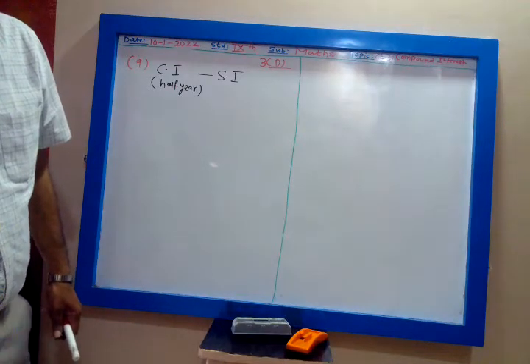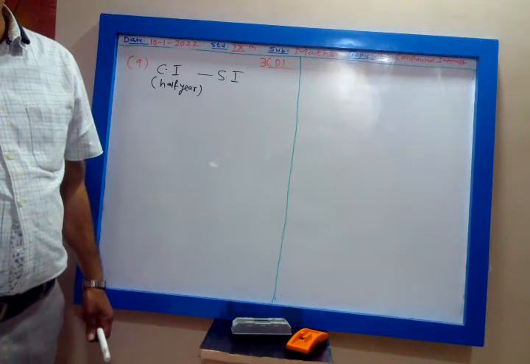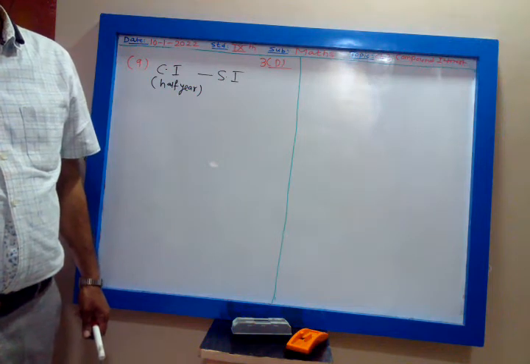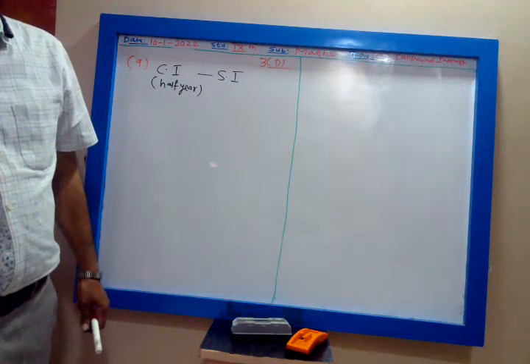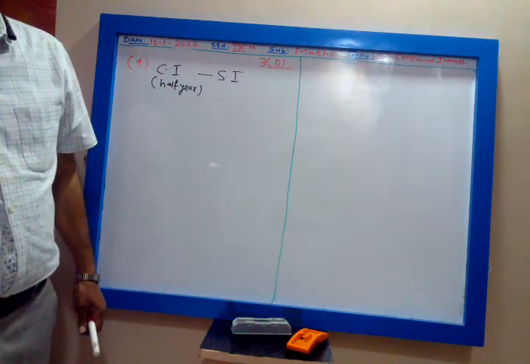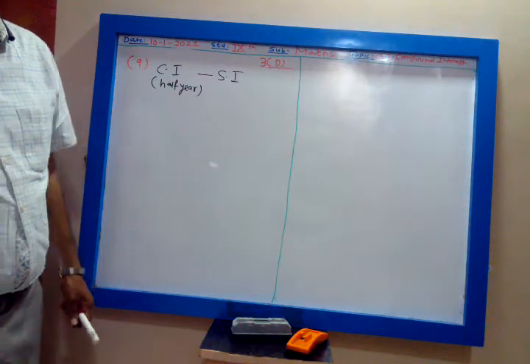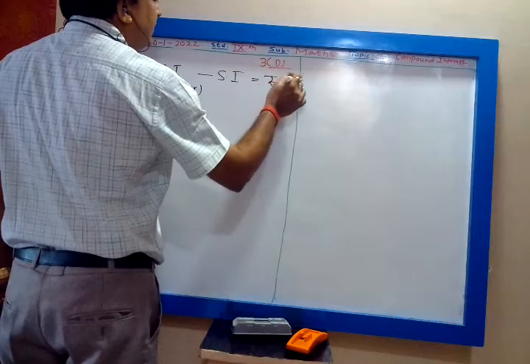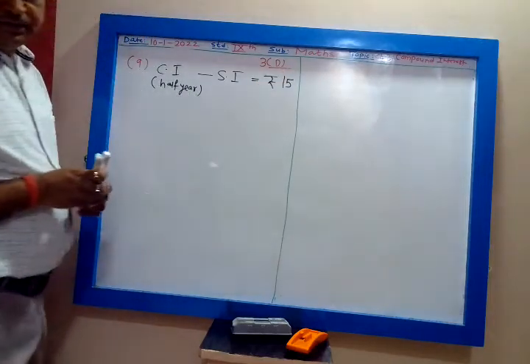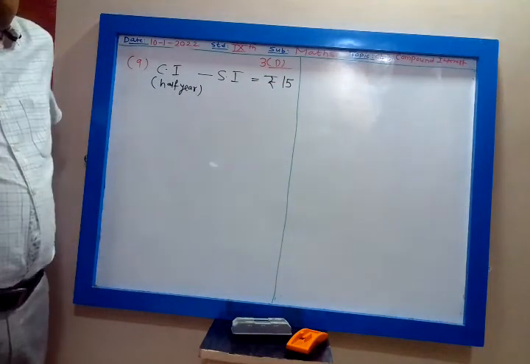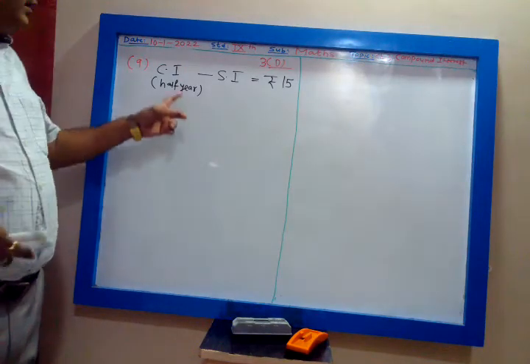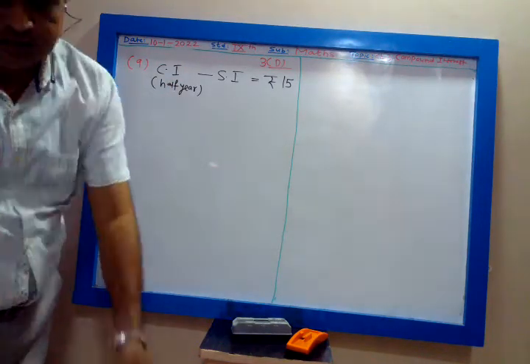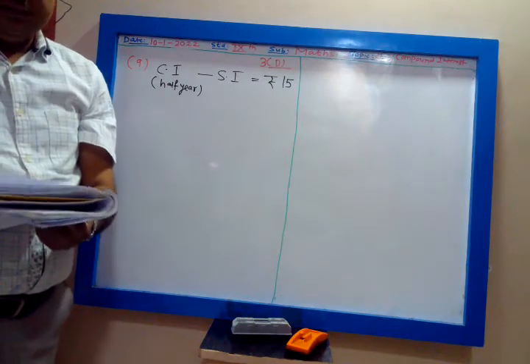The difference between compound interest for a year payable half yearly and simple interest on a certain sum of money lent out at 10% for a year is 15 rupees. So their difference, compound interest computed half yearly minus simple interest, is 15 rupees.